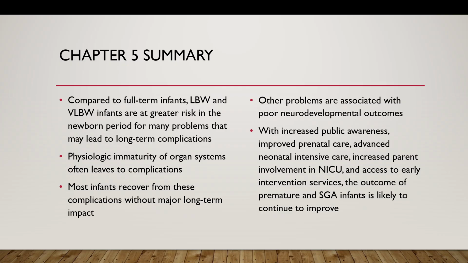Other problems may be associated with poor neurodevelopmental outcomes. With an increase in public awareness, improved prenatal care, advanced neonatal intensive care, increased parent involvement, and access to early interventions, the outcome of premature and small for gestational age infants is very likely to continue to improve.